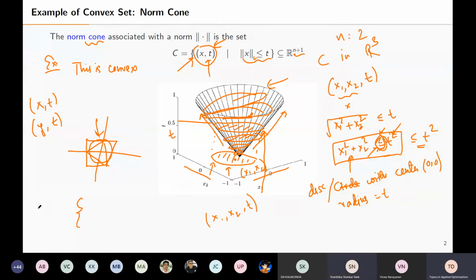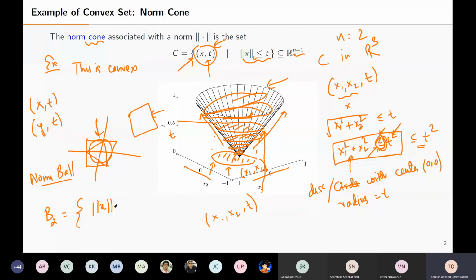Because if you see the norm balls, right? So we call those norm balls. Although they are not really like a ball, in abstract maths even these things are called a ball, because it's just a ball with a different norm. So a ball need not look like a ball itself, right? So in the norm ball, let us say I'm looking for the two norm ball, and the unit norm ball.